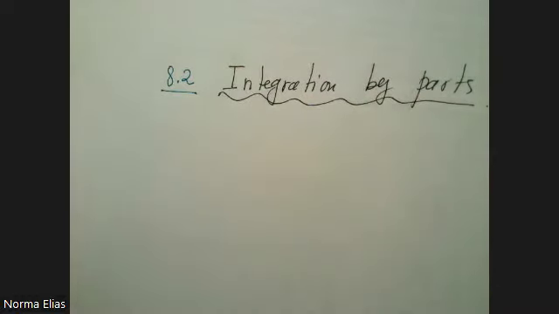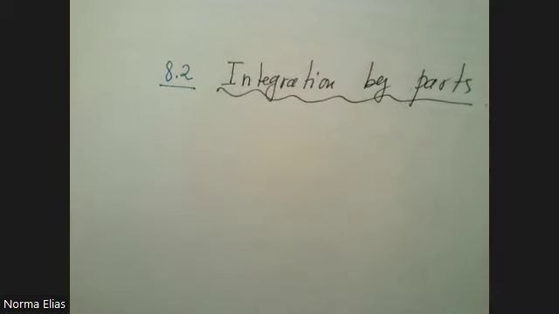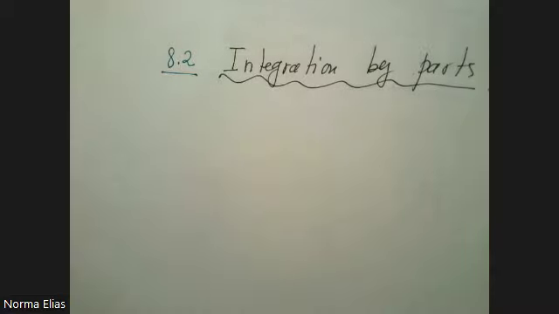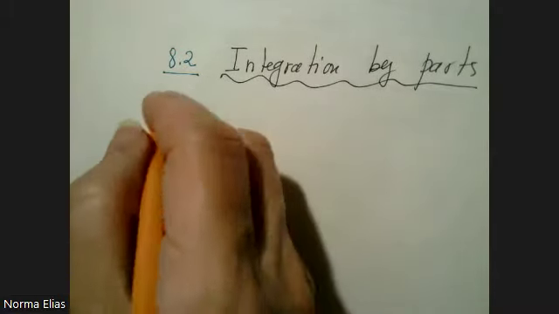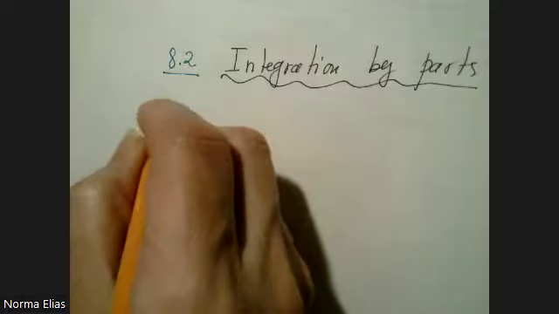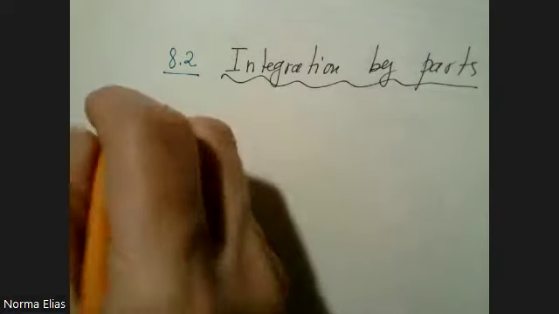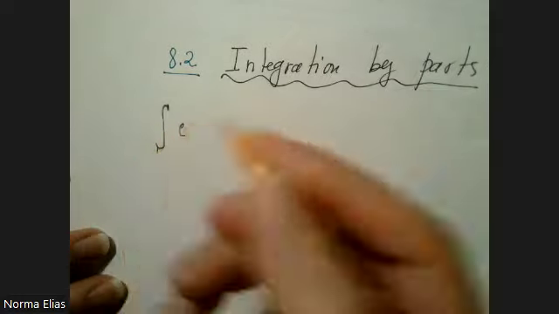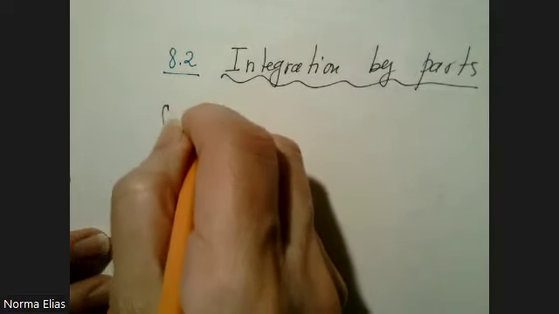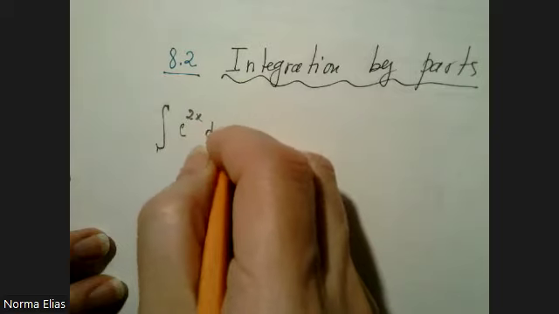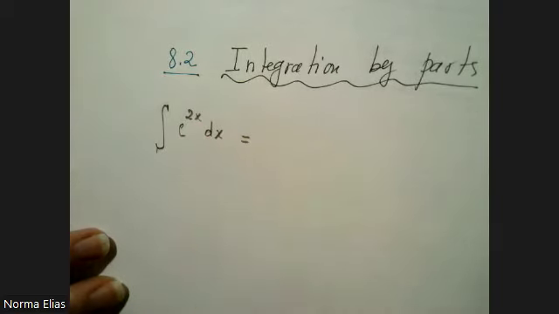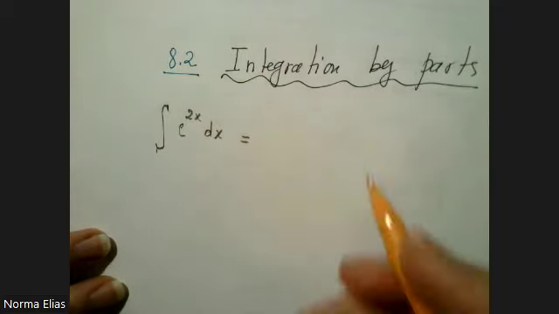Before we do that, there are some integrals that are going to show up with us so frequently that I would like to establish once and for all. All of you by now know them, but I will have to make sure everybody knows them. Let us say the simple one, e to the 2x dx, and I ask you to evaluate the following integral.